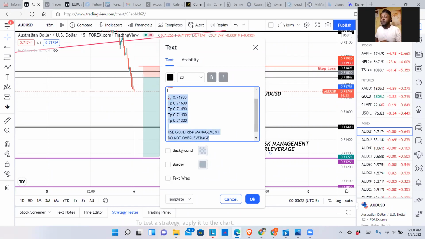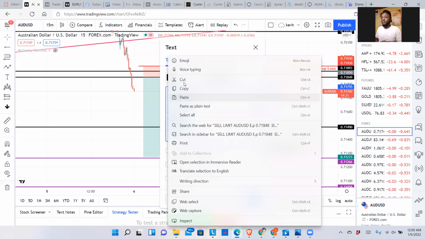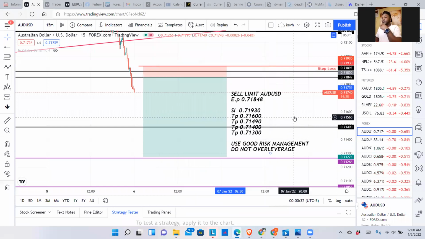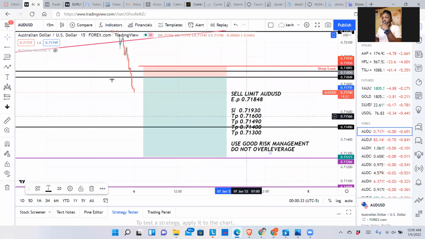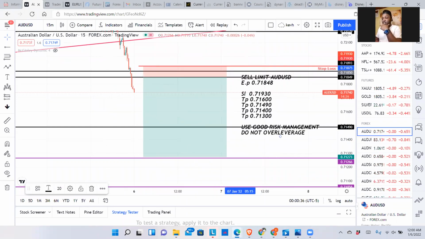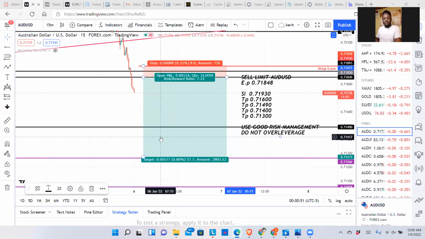Okay. Look at that trade. It's not even looking back right now. It's just pushing, right? It is just pushing. So there's a chance it might go down all the way.